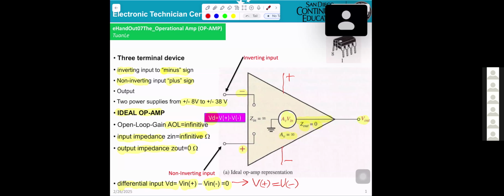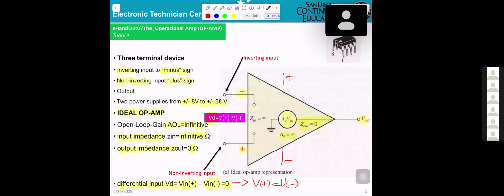They don't want any current going into the op amp. And the output impedance, that means from the output you get current either coming in or going out, they want the output impedance to be zero, because they want to get more current.